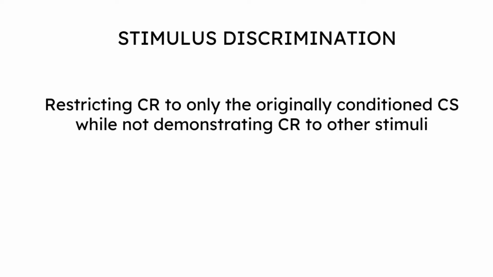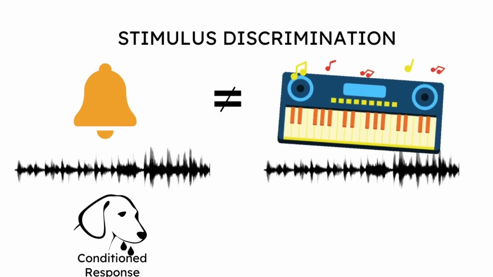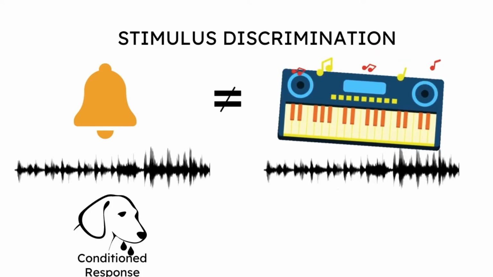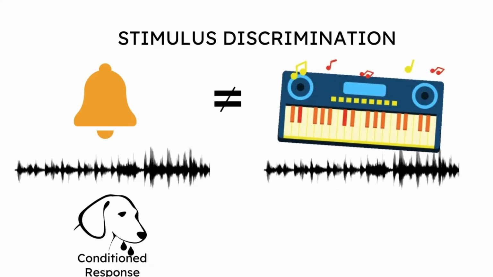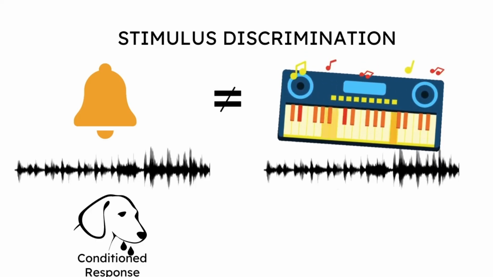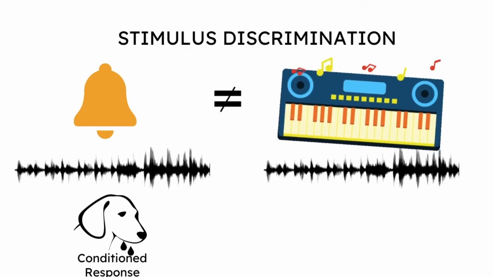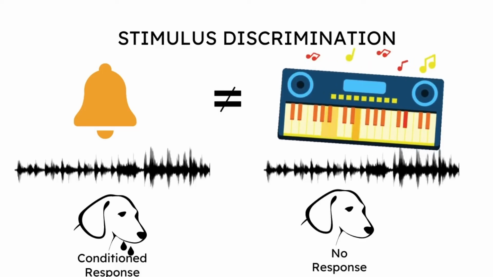Let's look at an example. For example, the sound of the bell to which the dog is conditioned might not match the sound of, say, a piano or a Casio. In such a situation, the animal can discriminate between the stimuli and selectively elicit the conditioned response only to the sound of the bell, but not to the sound of the piano.